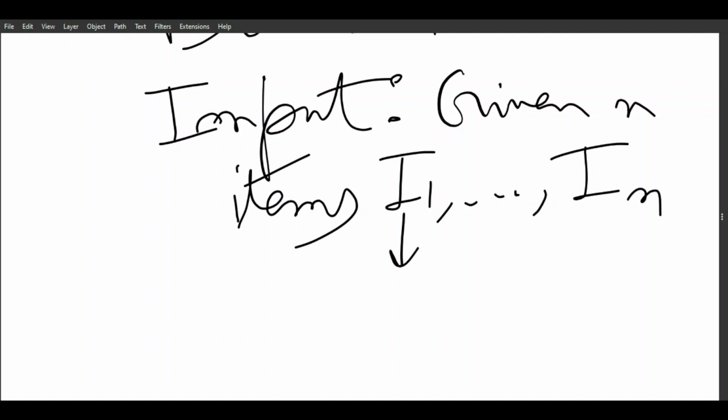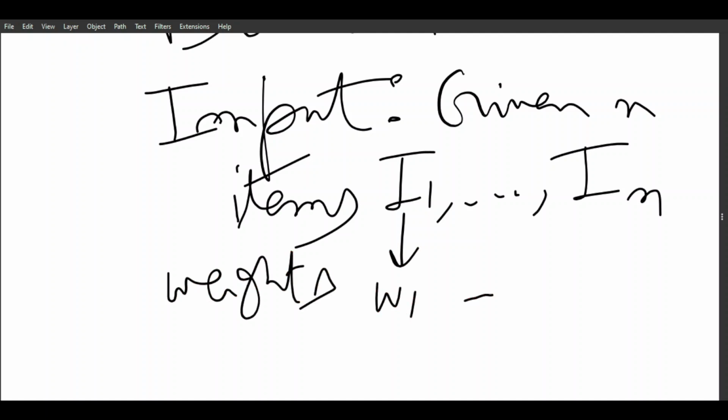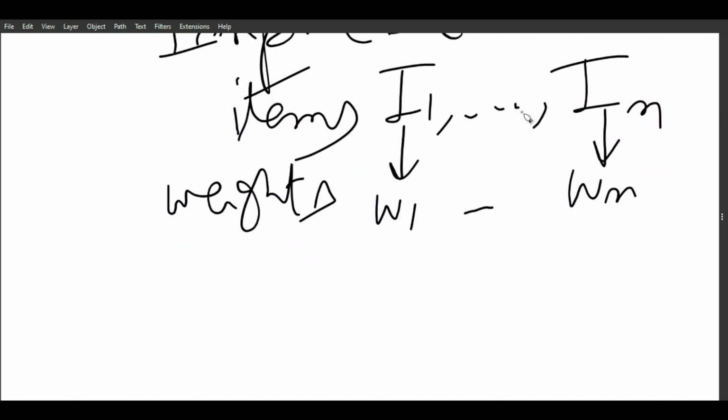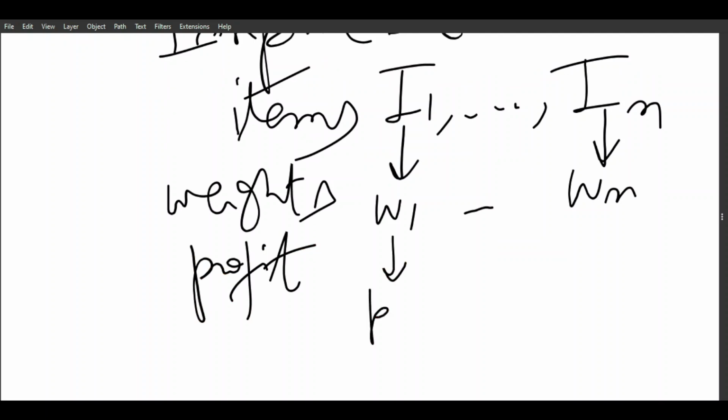Weights are denoted as W1 up to Wn. Each item also has a profit, which we denote by variable P. Profits are P1 up to Pn. So n items are given having some weight and some profit, and also a knapsack capacity capital W is given.